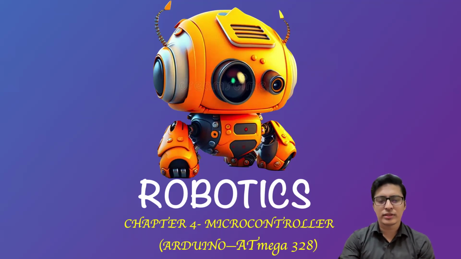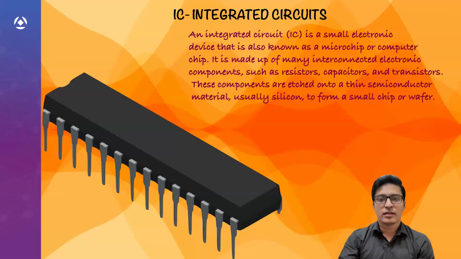Now, let us put back this beautiful robot over here and move further to see the IC. So this is how an IC looks. This diagram must be very familiar to all of you.